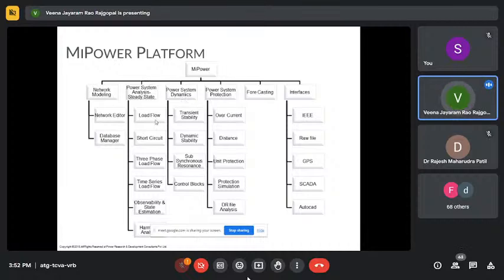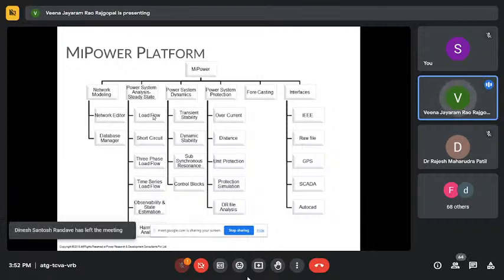So first is the steady state analysis, wherein you don't model the variations of the system parameters. So we have load flow. I think all of you are from a power system background, you know what load flow is. Here, in case of my power, load flow is not just generation load balance.